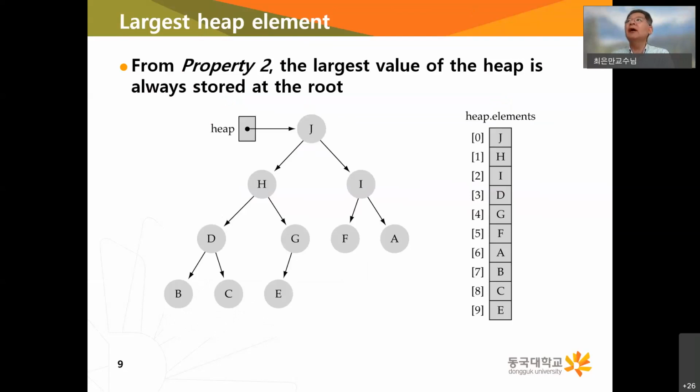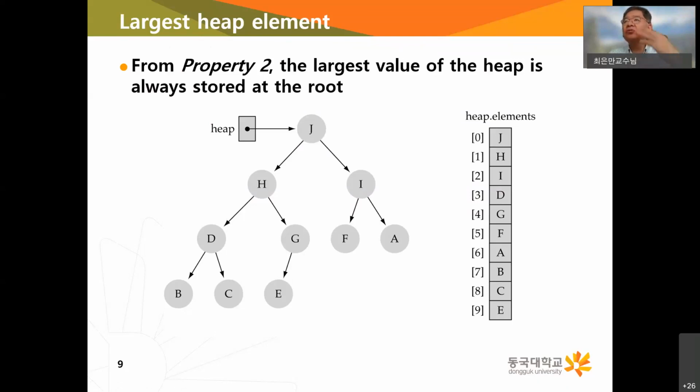All right. This is a very important characteristic of the heap. What is the largest element of the heap? Every time, the root value is the largest value in the heap, right?